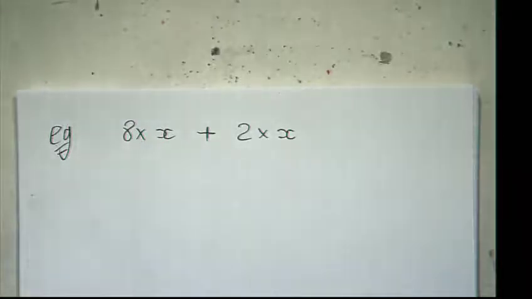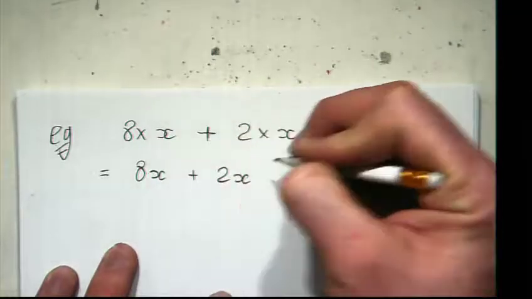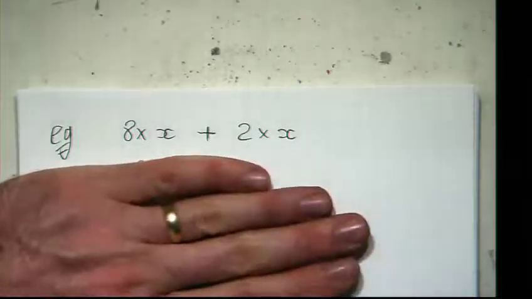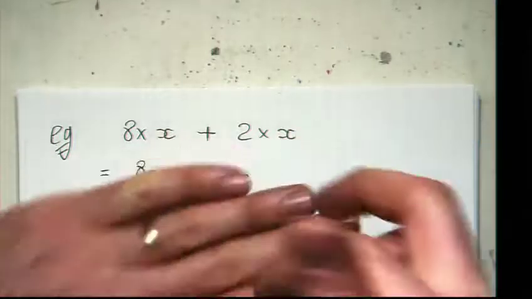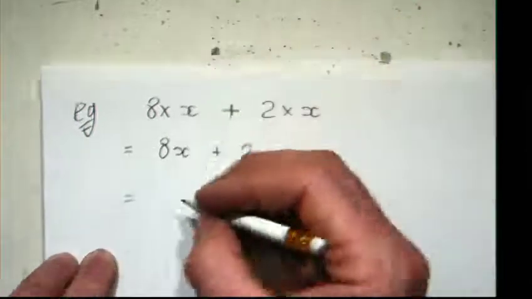And I know that mathematicians will write it like that without the times signs. But I know that the times signs are really there, okay? I know that this could have come from doing this.